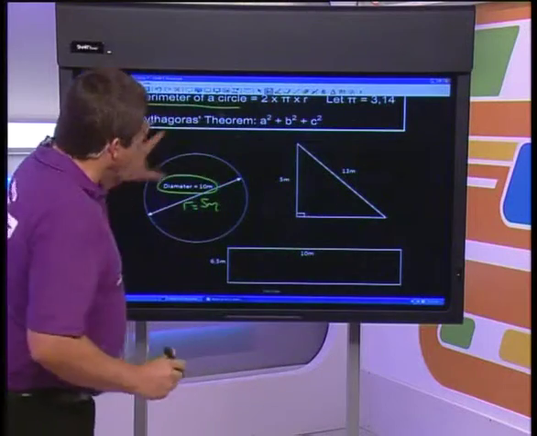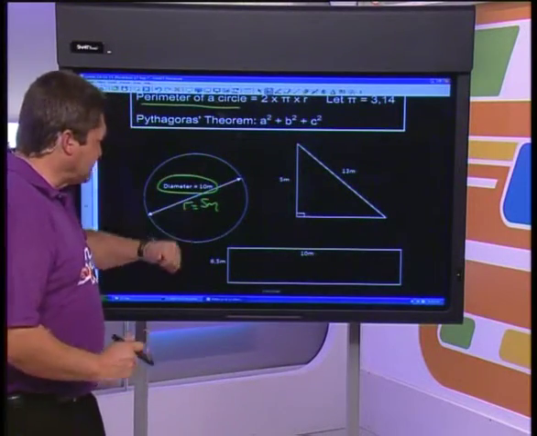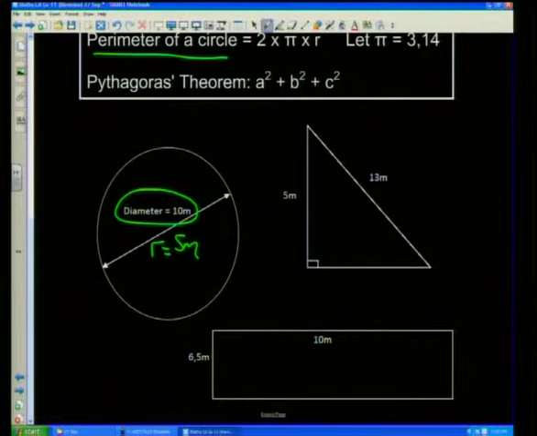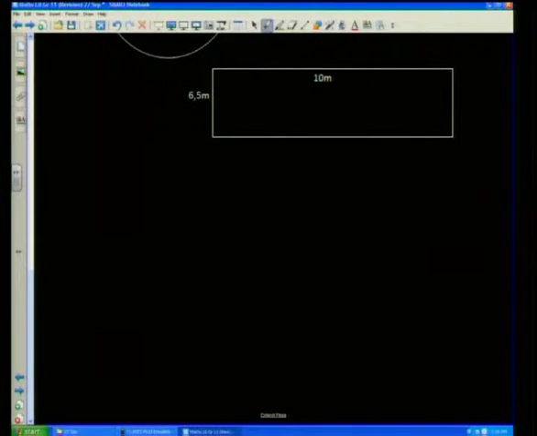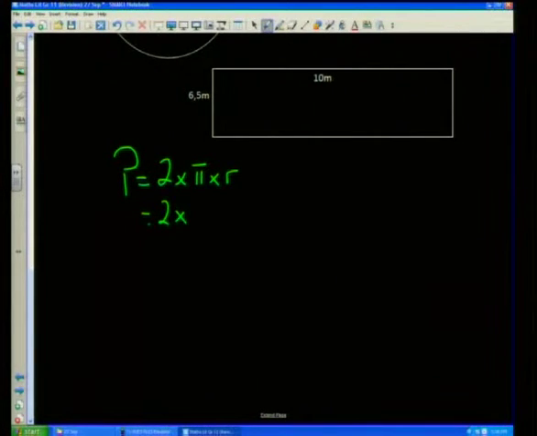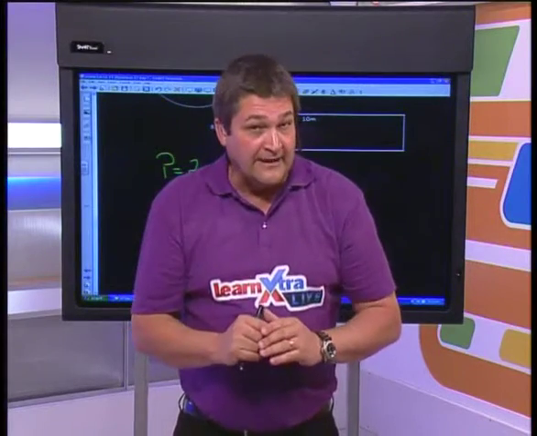Okay, so there is my circle. My radius is 5. Now let's apply the formula. 2 times pi times r. So I'm going to say, right, my circumference, or the perimeter of my circle, is 2 times pi times my radius. 2 times, now, latest thing happening in mathematical literacy, when I say latest, it's been the last 3 or 4 years, you cannot push pi on your calculator, okay?